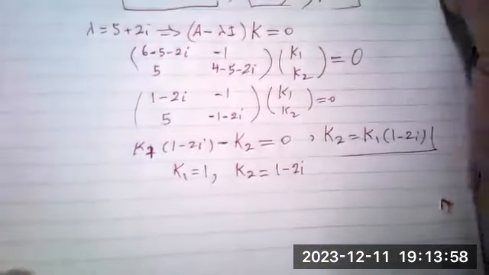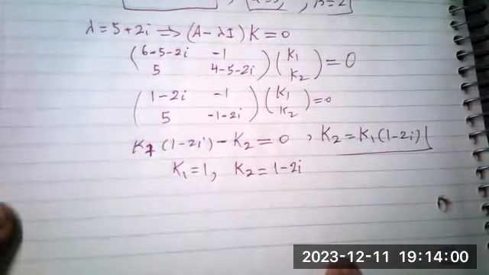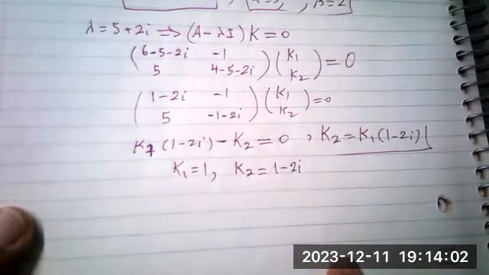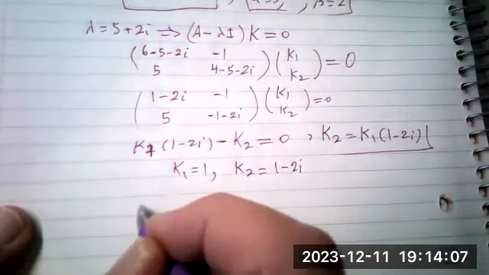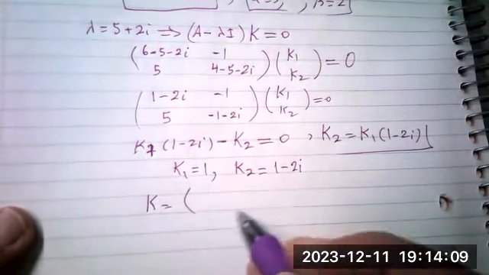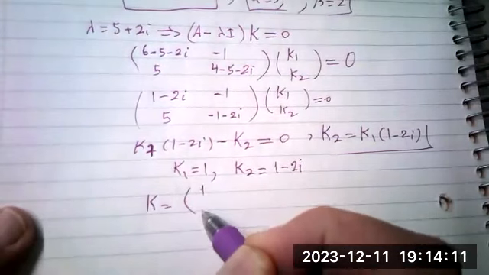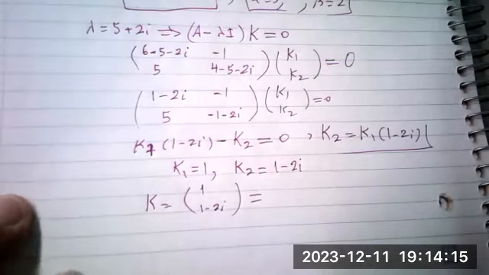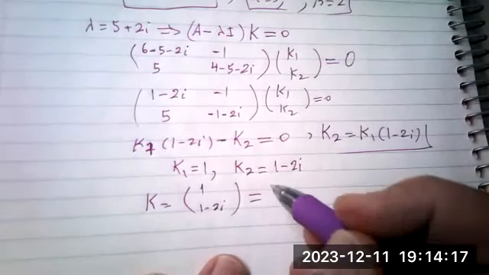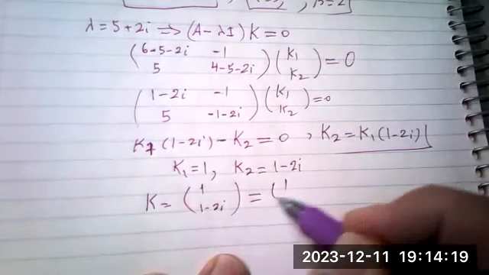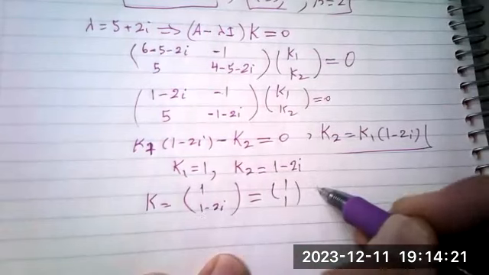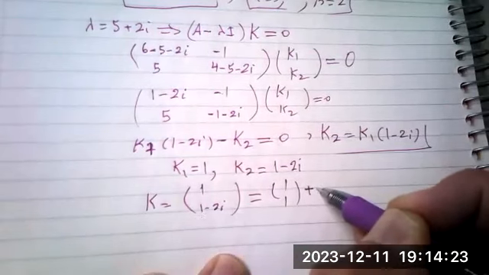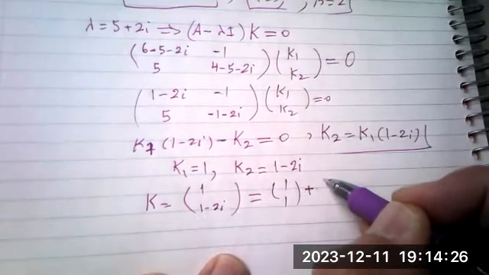So your vector is going to be a complex vector. Okay, you have to write it down because we need to remember the real part and the imaginary part. So K is going to be [1; 1 minus 2i]. Break it into the real and the imaginary. The real part of the first one is 1, the real part of the second one is 1. So it's going to be plus the imaginary part.